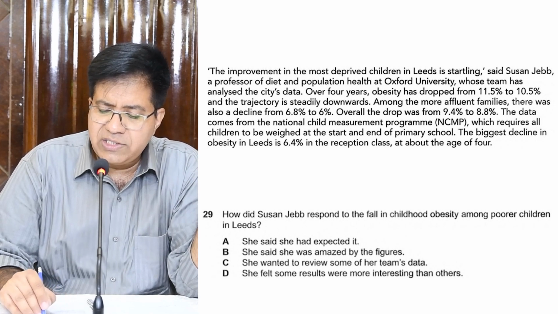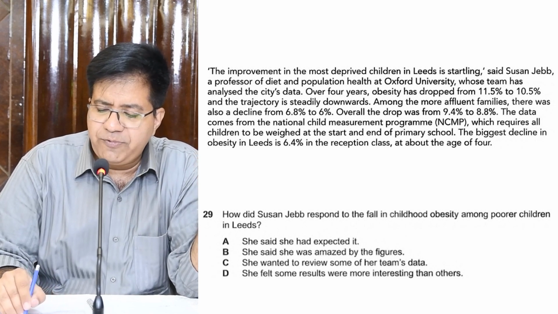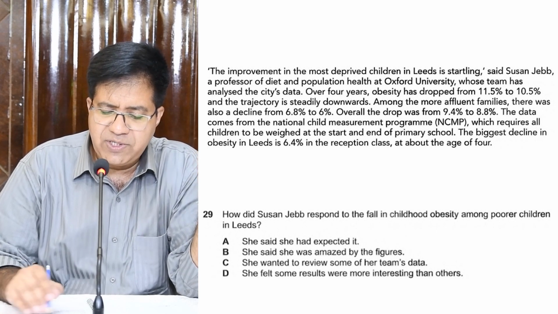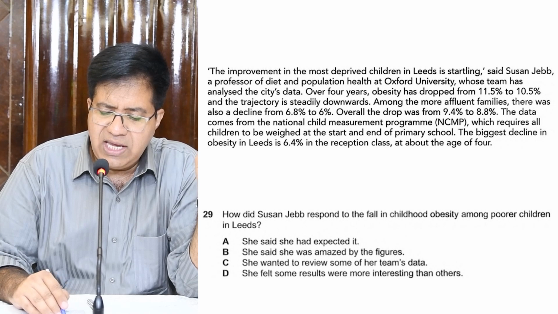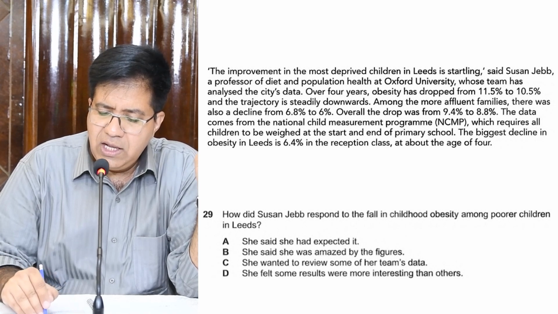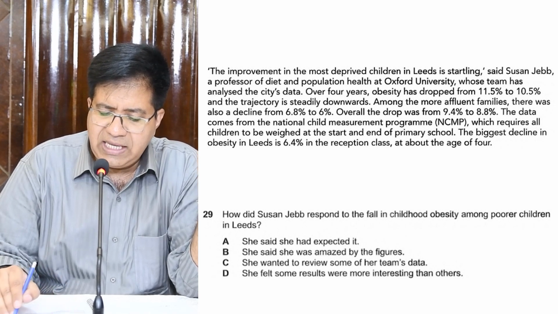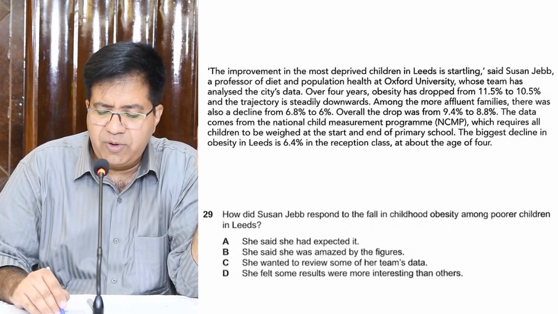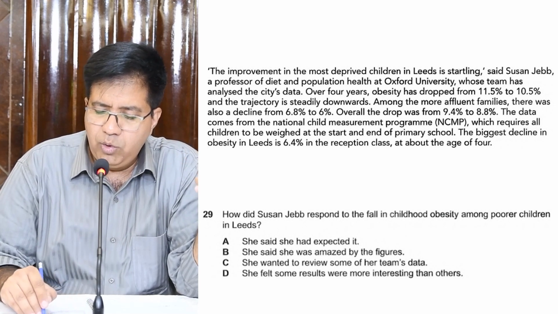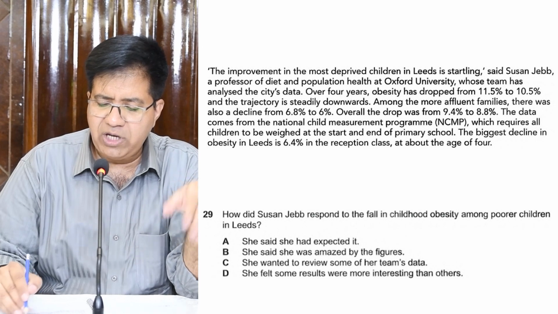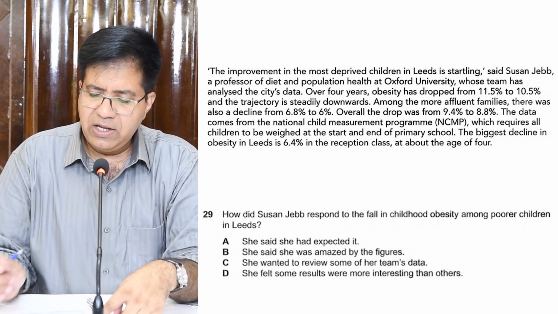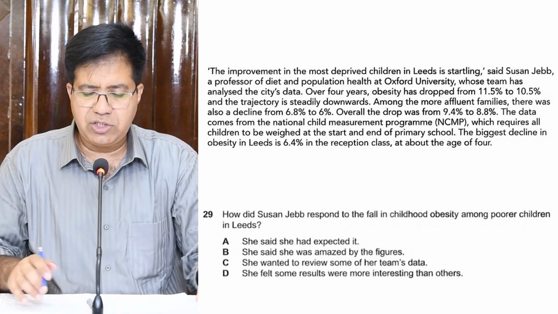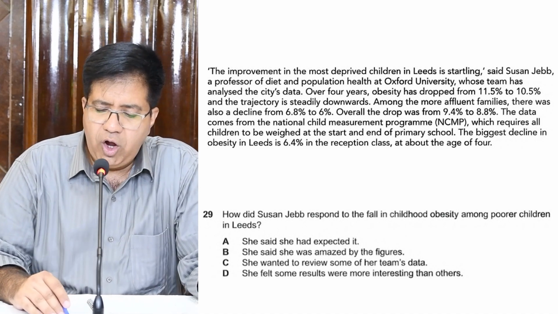Over 4 years, obesity has dropped from 11.5% to 10.5%, and the trajectory is steadily downwards. Among the more affluent families, there was also decline from 6.8 to 6. Overall, the drop was from 9.4. So these are actually the figures they have mentioned. So correct answer is option B.